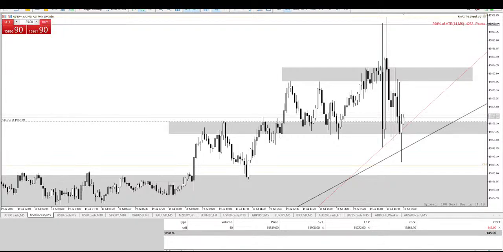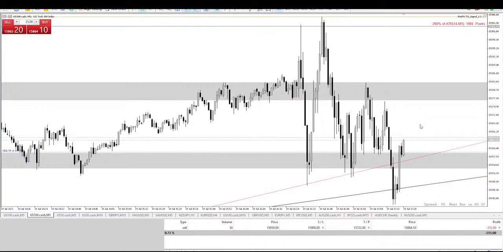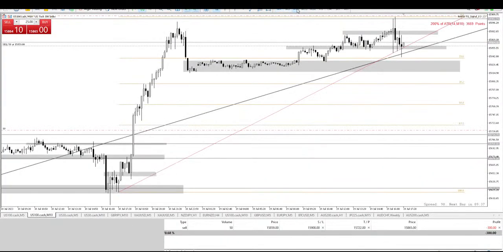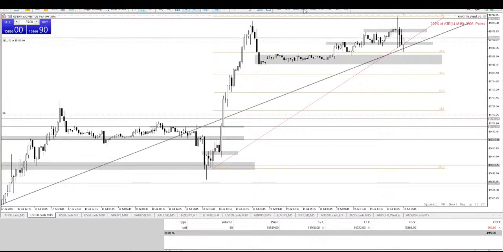It wasn't a great close for us because it is a bullish candle. The 10-minute is still not clear either. The 15-minute close was nice, but still we didn't get a clean break of that. Basically, we need to invalidate these wicks, right?